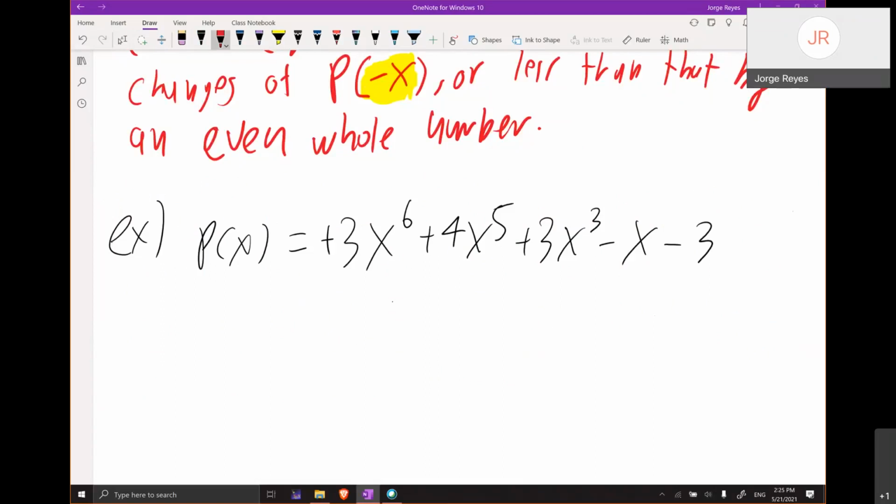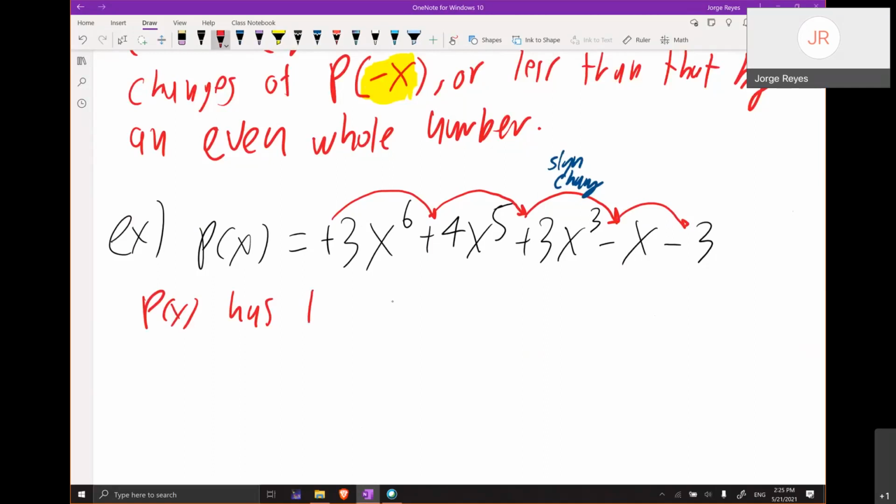Okay, so when I'm going to use Descartes' rule of signs, I look at the signs. So this goes from plus to plus to plus to minus. Okay, so this is a sign change. Okay, so whenever the coefficients flip from plus to minus or minus to plus. But then this minus to minus, that's not a sign change, right? This stays the same. Okay, so P of X here has one sign change.